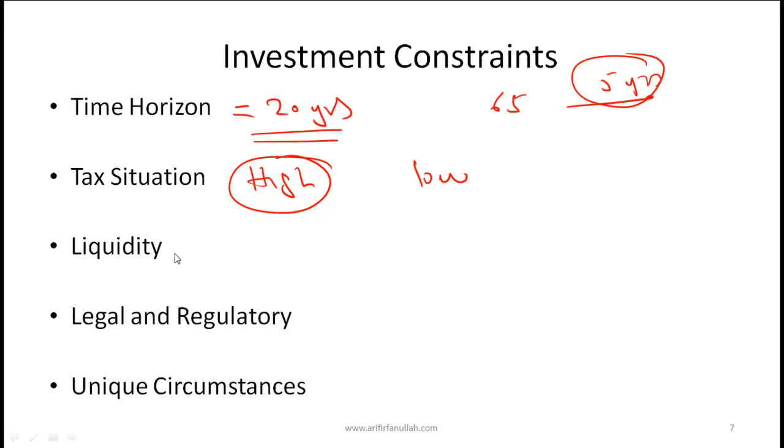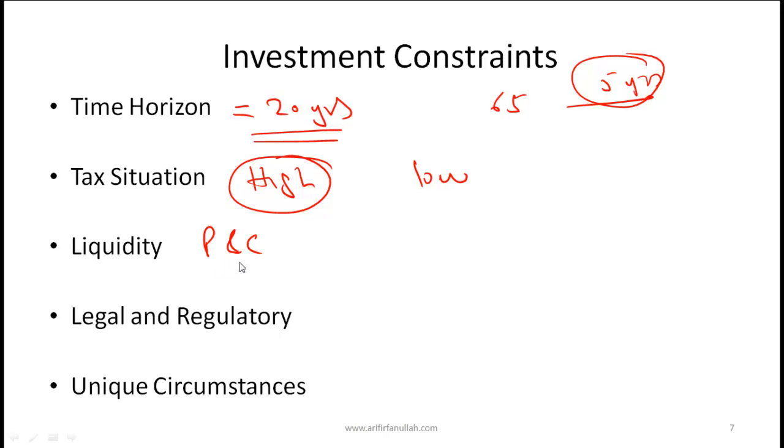Liquidity refers to how quickly your client might need cash. So a client who on an unexpected basis might easily need a certain sum of money has a high liquidity requirement. We talked earlier, a few lectures ago, about the insurance business, and within insurance, let's say there is the property and casualty business.